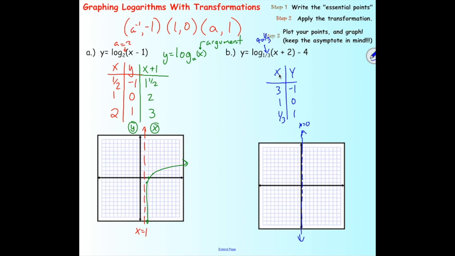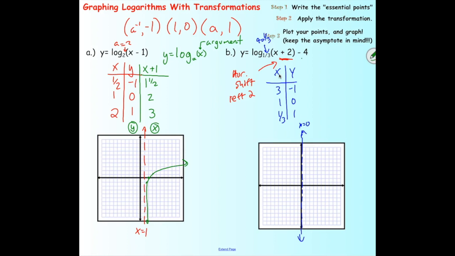But now I look at my transformations. There's a lot of stuff going on there. The x plus 2, that's with the x, that's my horizontal shift. Not a plus 2, it goes the opposite way, that is left 2. In the argument it's the opposite.